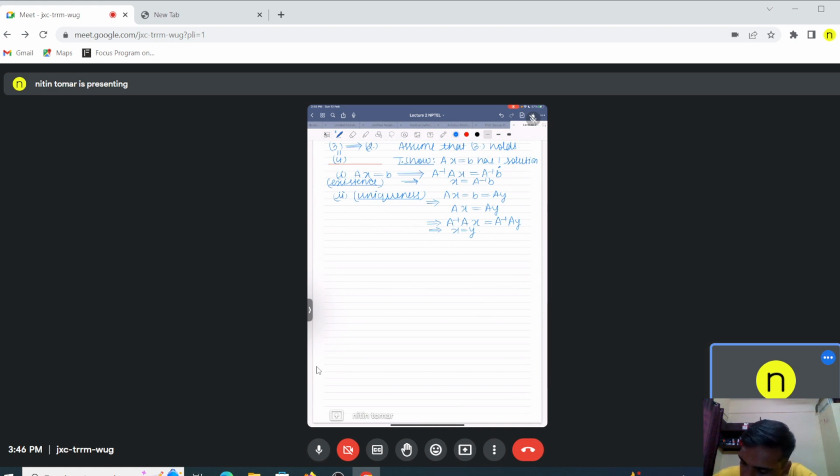If I prove 4 implies 1, and 1 implies 4, then that is done, right? Because 2, 3, and 4 are already equivalent, already proved. So what do we assume? We assume that A is invertible.